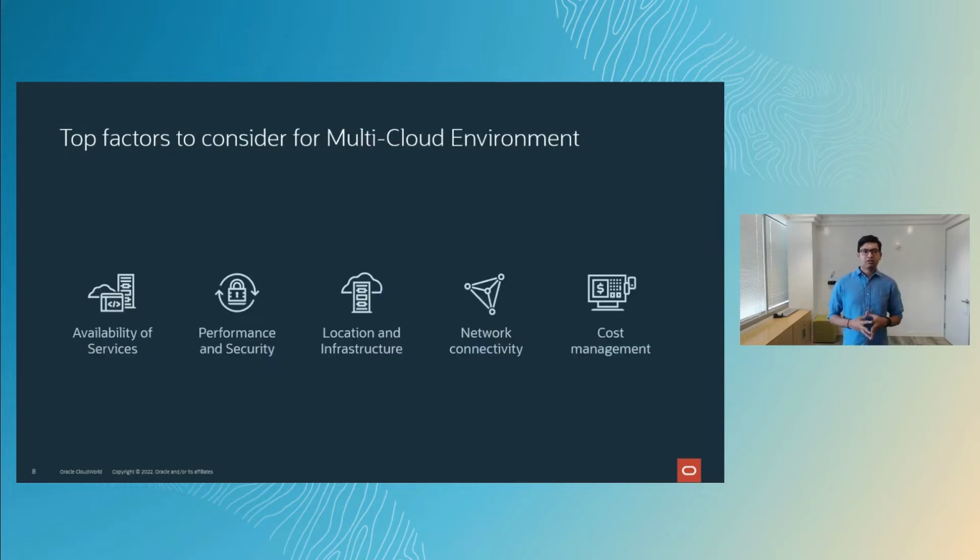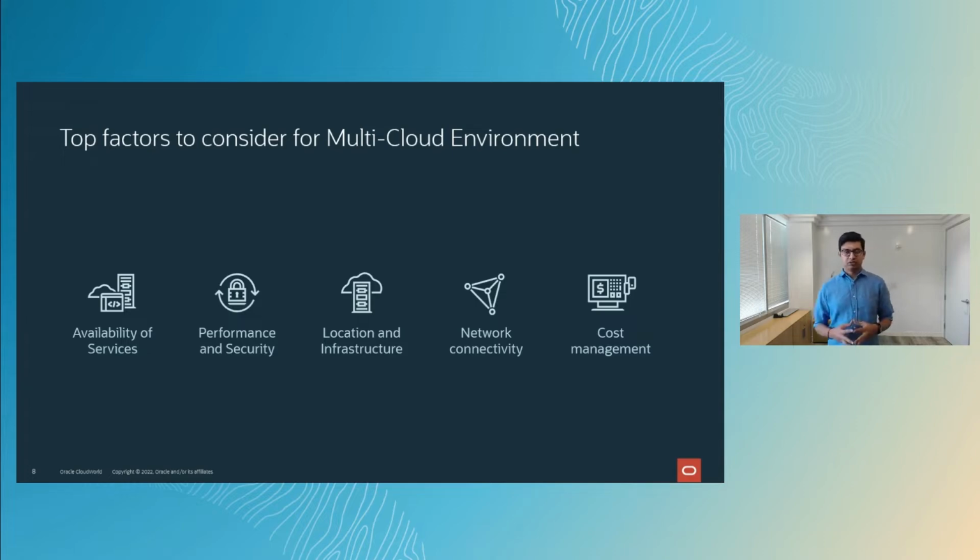Next we look at some of the top factors that you need to consider when you build a multi-cloud environment. First is the availability of services. You might choose different providers depending on the types of services that you get. You can use a variety of providers depending on performance and security as well, in terms of who gives the best service for one particular scenario that you might have.